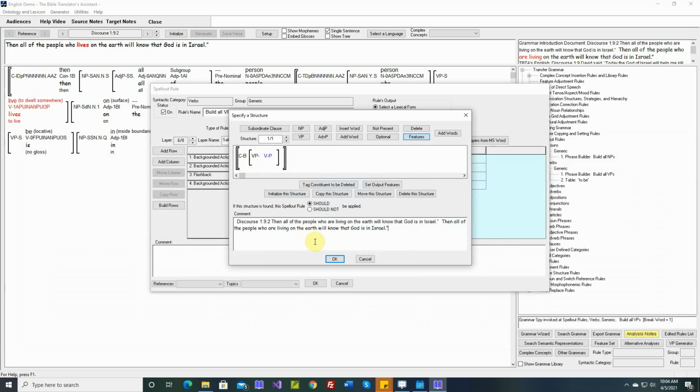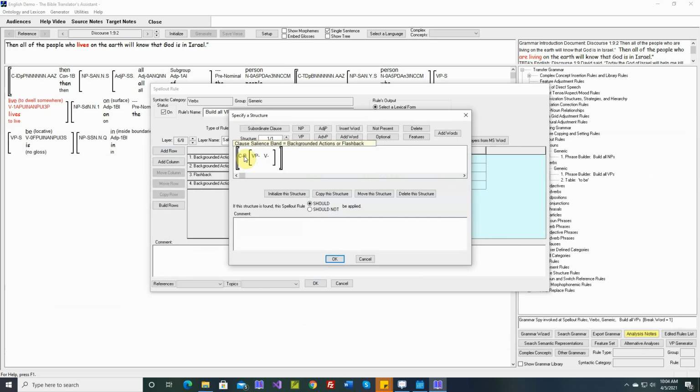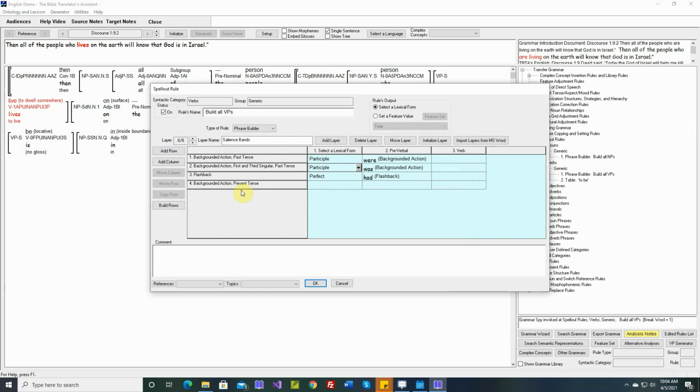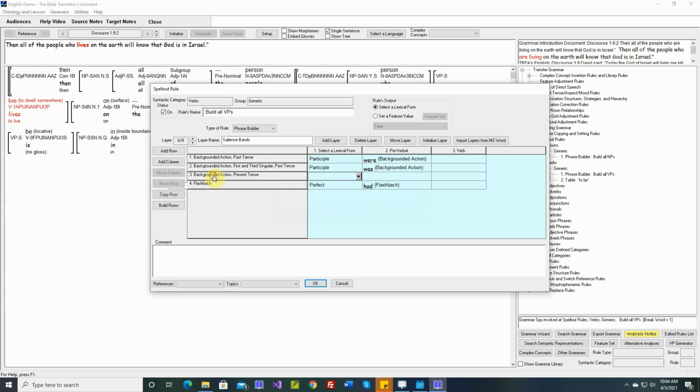Let's put in a comment. Up here, oh, we did say background. Okay, we said backgrounded actions or flashback, which is proper. So here we have to specify whether it's backgrounded or flashback. We can't leave it generic. Let's move this so it'll be with the other backgrounded actions.